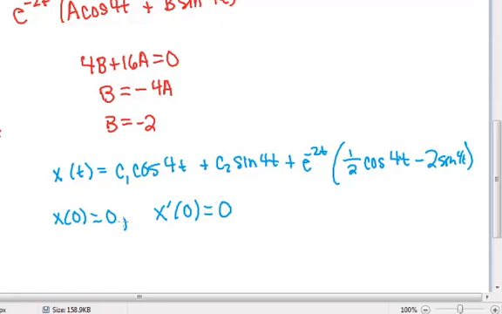So it should be easy to find one of these. x of 0 is 0 means we get 0 equals c1 times cosine of 0, which is just c1, plus c2 sine of 0, that's gone, plus e to the 0 is 1, times 1/2 cosine of 0 minus 2 times sine of 0, which is 0. So c1 is negative 1/2. And then you'd have to take the derivative and solve for c2 and then just plug everything back in, and that's your equation of motion.